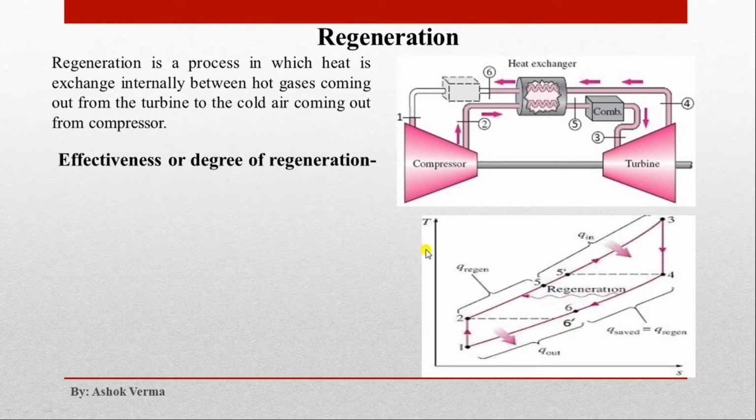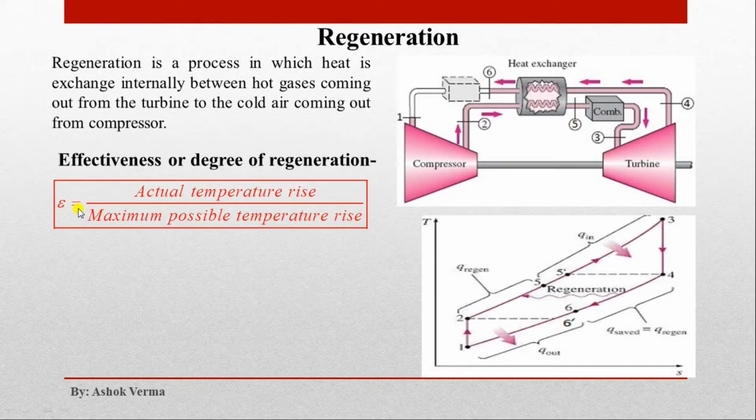So here we will find the effectiveness or efficiency of the heat exchanger. So effectiveness of the regenerator or a heat exchanger will be equal to the actual temperature rise upon maximum possible temperature rise.